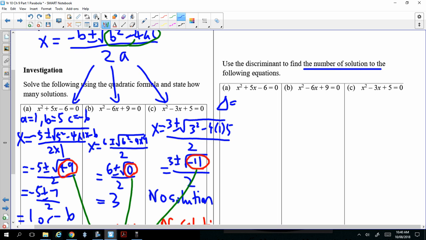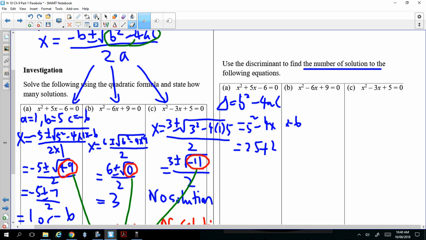So let's do the discriminant for the first one. b squared minus 4ac. b squared is 5 squared minus 4 times 1 times -6, which is equal to 25 plus 24, 49. So that's positive. We say 2 solutions.